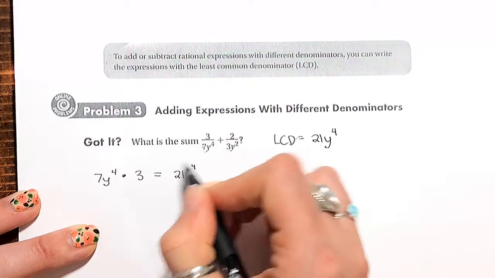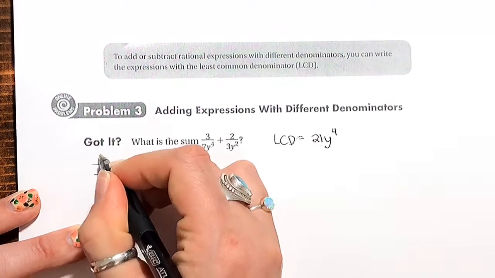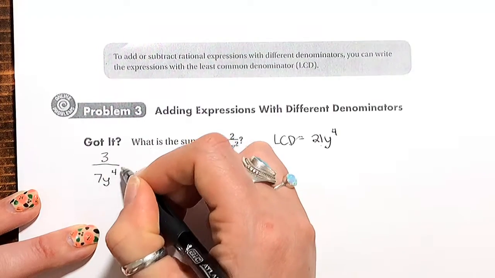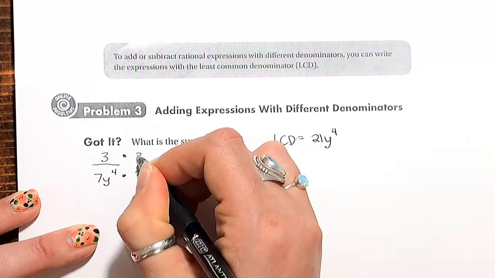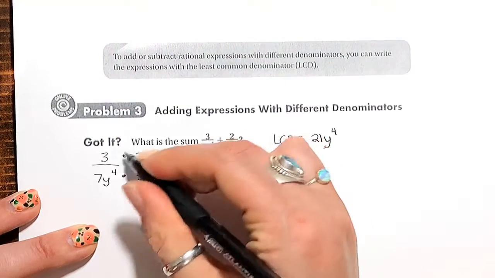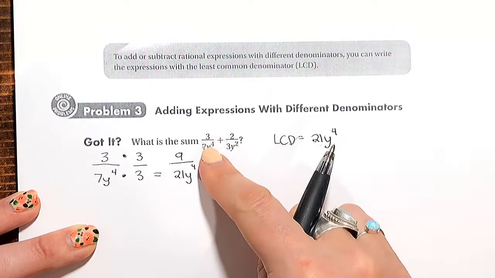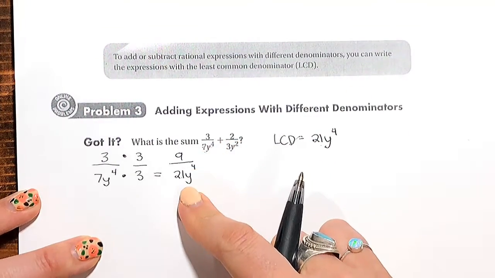But whenever we multiply a fraction, whatever I times to the bottom, I also need to times to the top. So if I times my denominator, I also need to times my numerator in order to keep it fair. So 3 times 3 is 9. So my new fraction that's going to replace this one is 9 over 21y to the 4th.